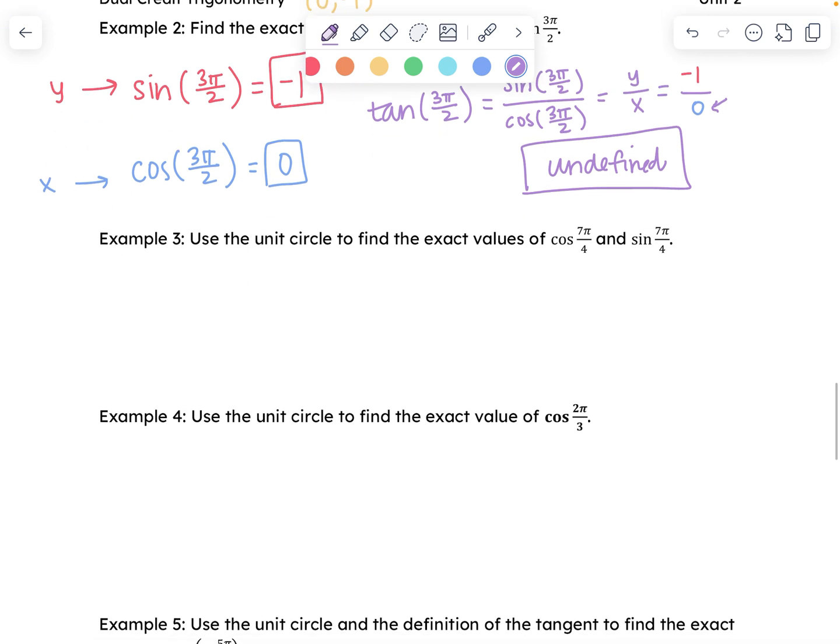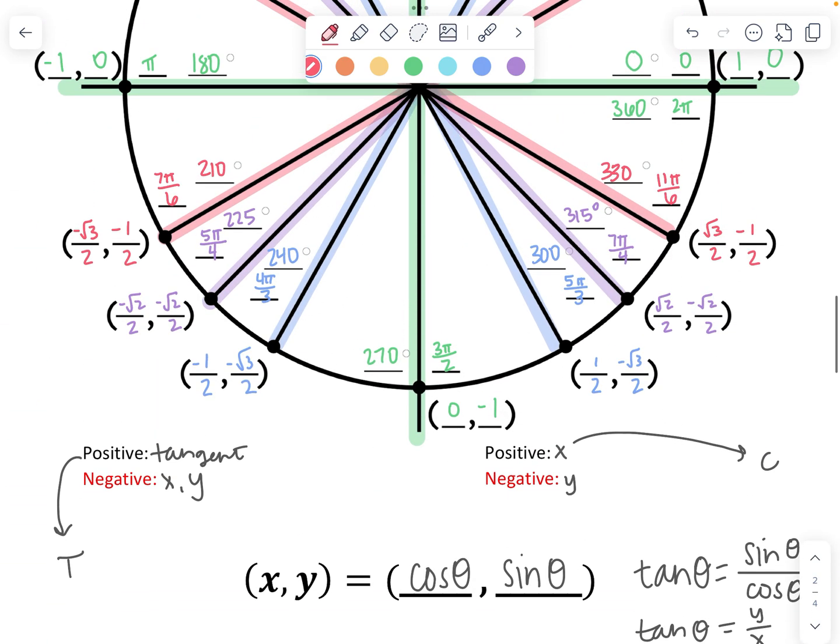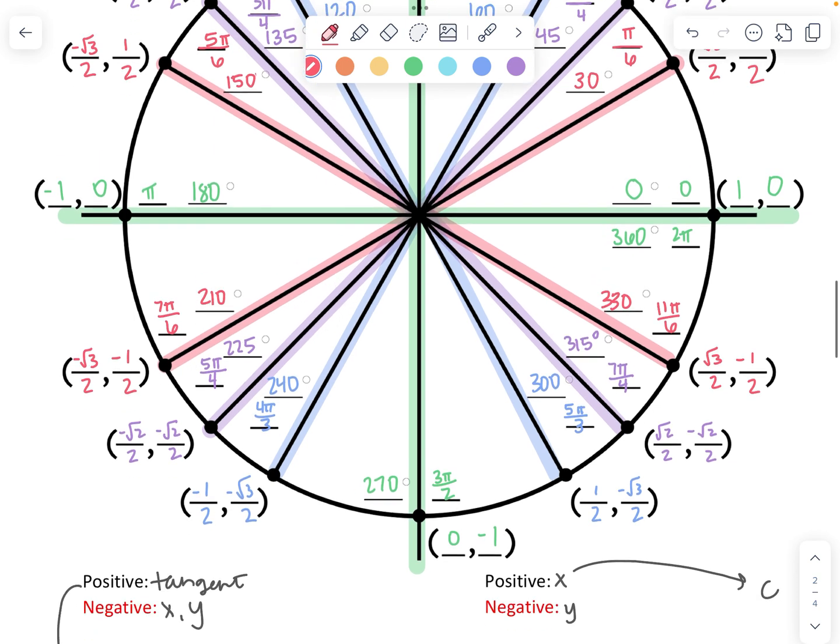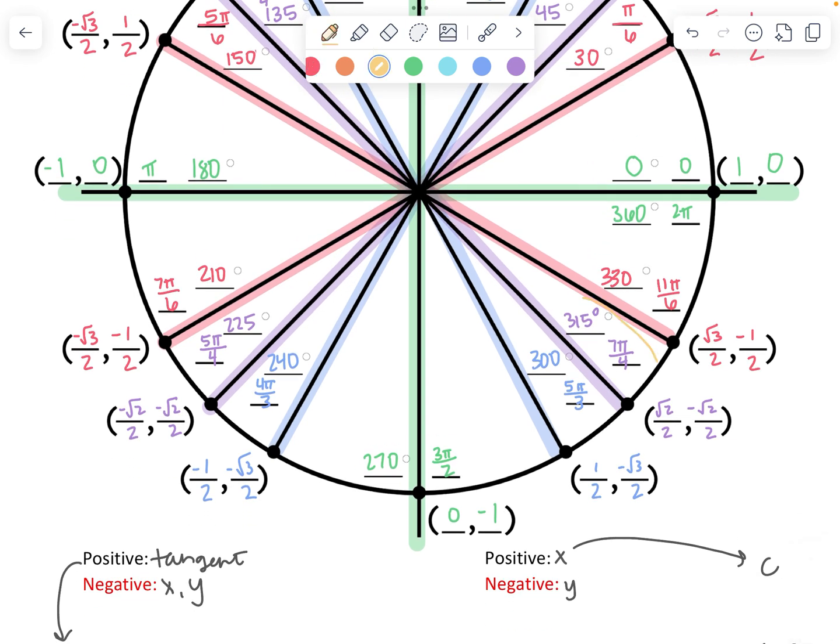Now it says use the unit circle to find the exact values of cosine of 7 pi over 4 and sine of 7 pi over 4. So first thing is you got to figure out where that is on your unit circle. If I'm looking at my unit circle, 7 pi over 4 would be right here, this purple part of quadrant 4.